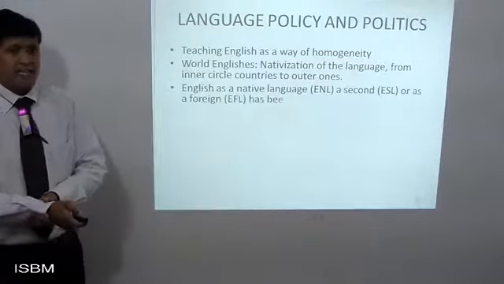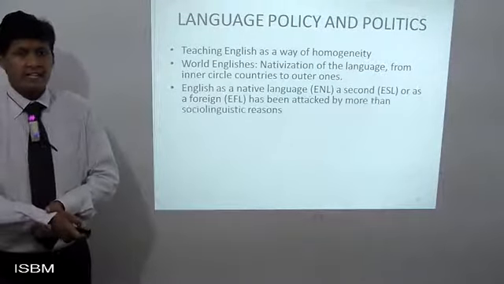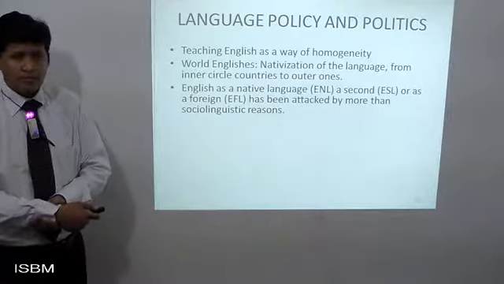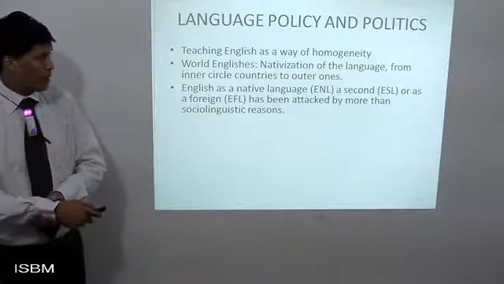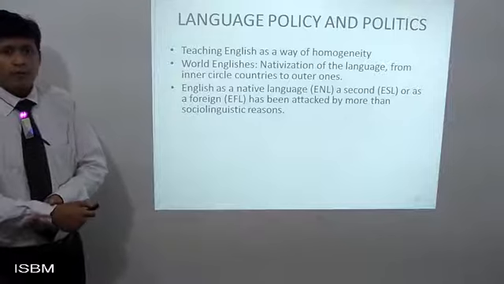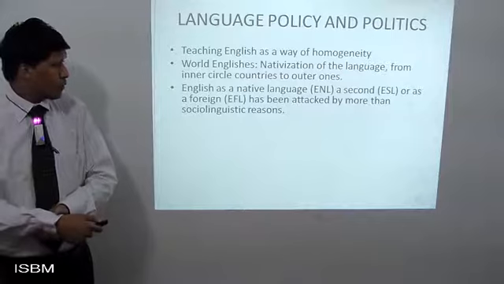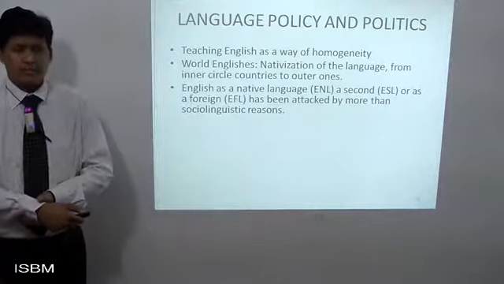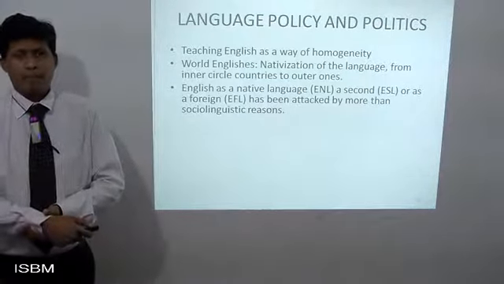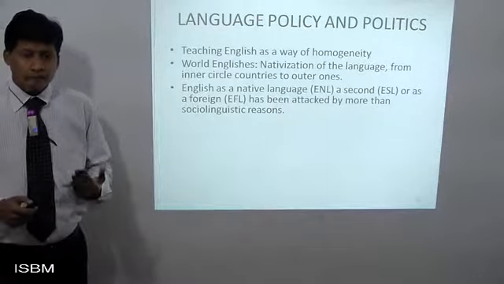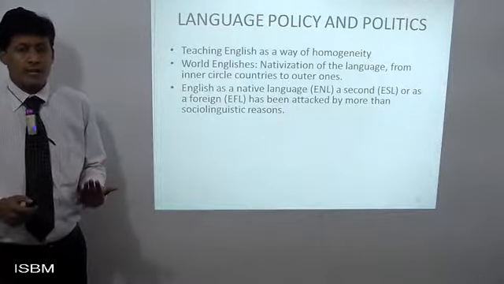Now there are countries where it exists as ENL, English as a native language, or as a second language, or as a foreign language, and it has been approached by more than sociolinguistic reasons. So for example, in India, right from the beginning, importance given to learning English has been very high.